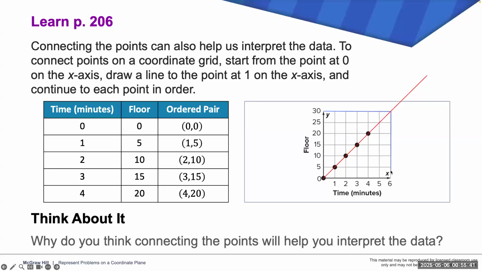Then we draw a line down from the line we drew to connect the points to the x-axis, and we saw that it took the elevator 6 minutes to get to the 30th floor.